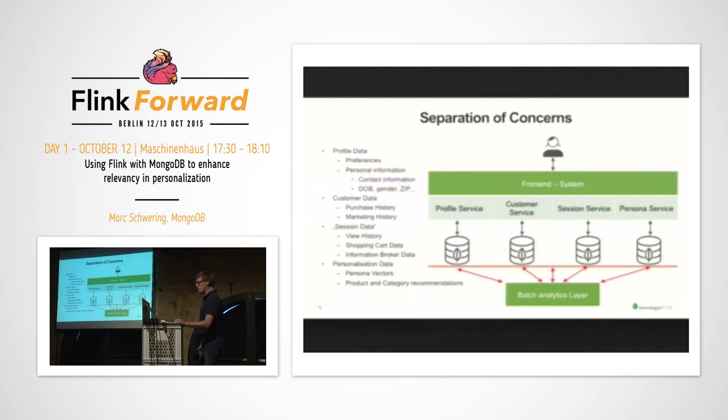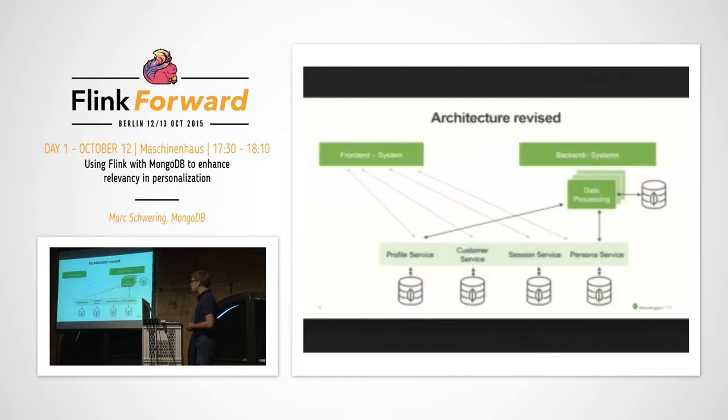So when you start using advanced data science stuff, or just do batch analytics, you should start seeing a backend system also as a front-end system. It has different characteristics, of course, because it will access much more data in a shorter time or over time in a different way.